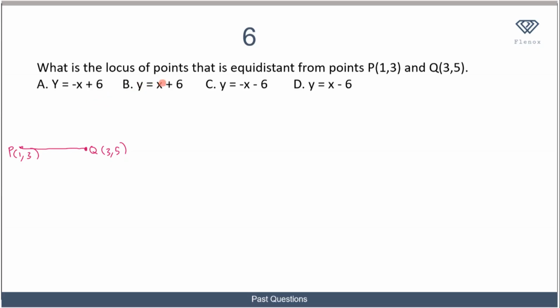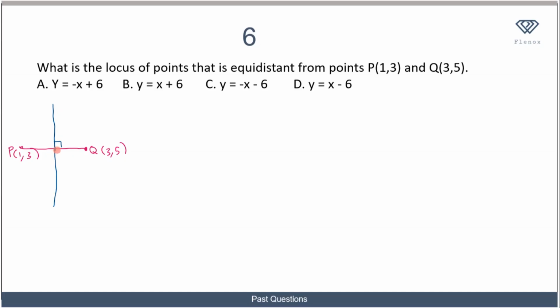So the locus of points that is equidistant from 2 points is equals to a line that is perpendicular to line PQ and passes through the midpoint of line P and Q. So it passes through the midpoint and it is perpendicular to the line. So now we are going to try to find the coordinates at this point of intersection here.